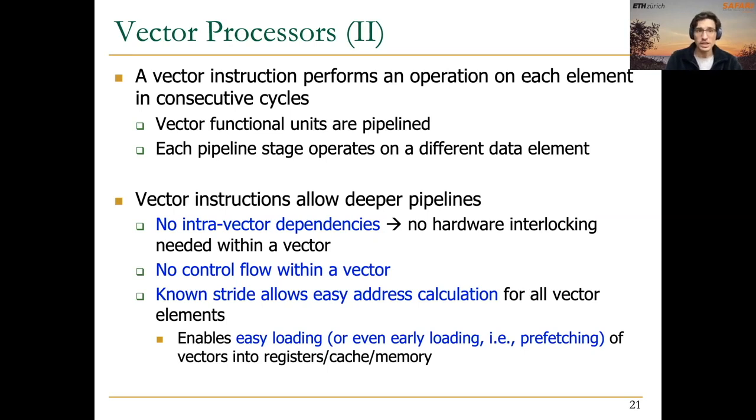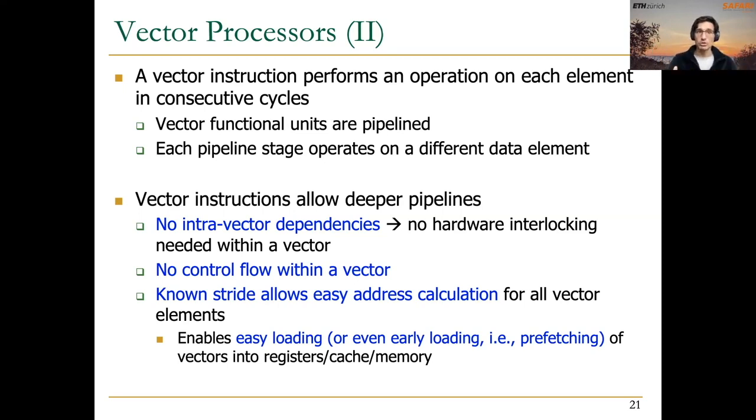The first thing is that there are no intra-vector dependencies, so no hardware interlocking is going to be needed. We don't need to stall the pipeline because there is some dependence across the elements or the operands that are being used and where the execution is happening. Why is that? Because we have a long vector and the same instruction is for every single element, right?